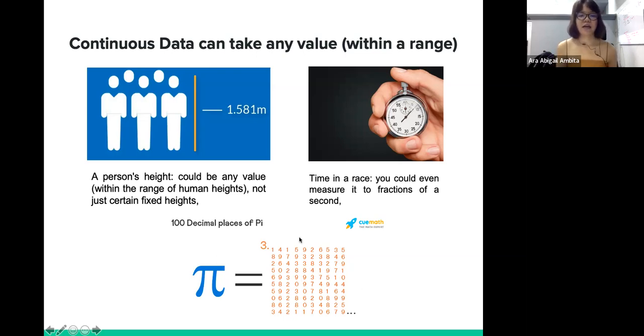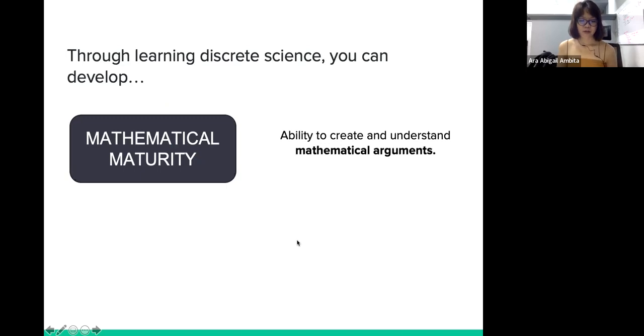Okay, now through learning discrete science through this course, what you can develop is mathematical maturity. And what we mean by mathematical maturity is your ability to create and understand mathematical arguments and your ability to solve certain problems.